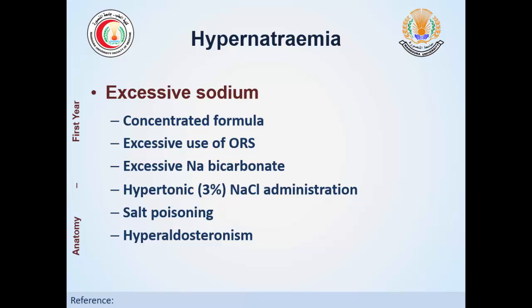Hypernatremia due to excessive sodium: due to concentrated formula, excessive use of oral rehydration solution, excessive sodium bicarb as we said before. If I have metabolic acidosis and I give a lot of bicarbonate to treat it, it will put me in hypernatremia. Also hypertonic solution 3% sodium chloride administration, and salt poisoning.